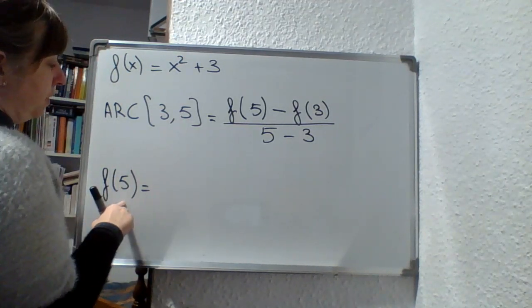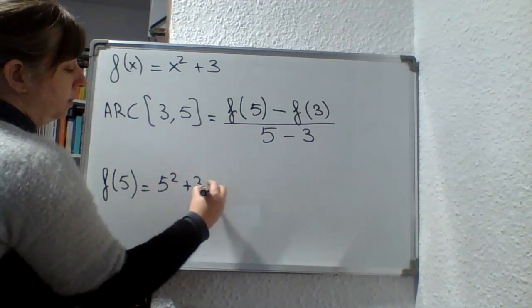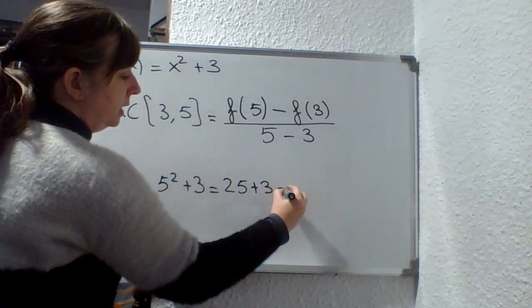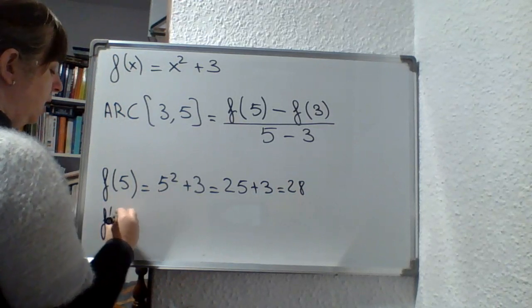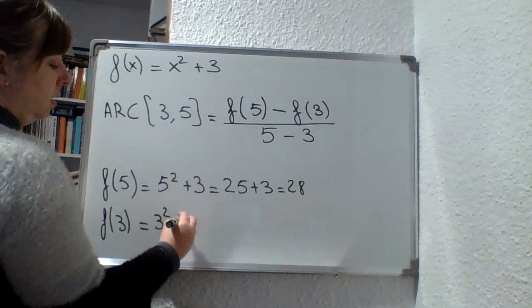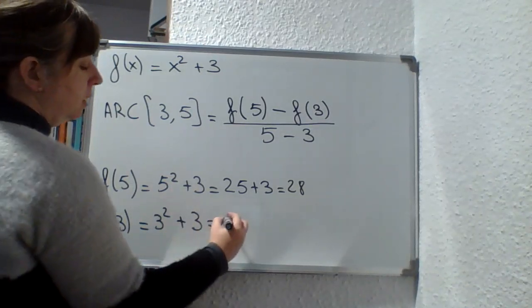The value of the function in 5 is 5 squared plus 3. 25 plus 3, it is 28. The value of the function in 3 is 3 squared plus 3. 9 plus 3, 12.